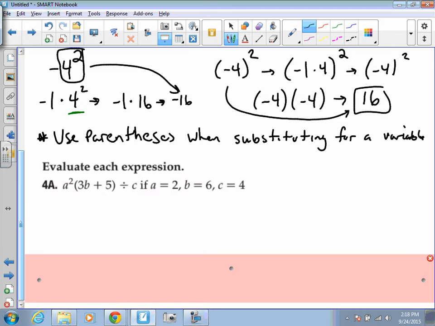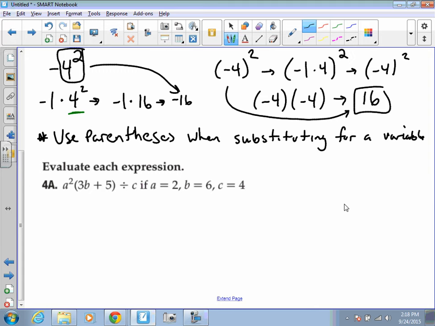So what we have is this problem. Evaluate the expression a squared plus a squared times the quantity 3b plus 5 divided by c. So this is what we're evaluating. If you notice there, you see an a, a b, and a c.